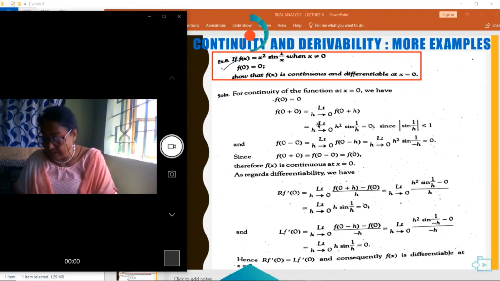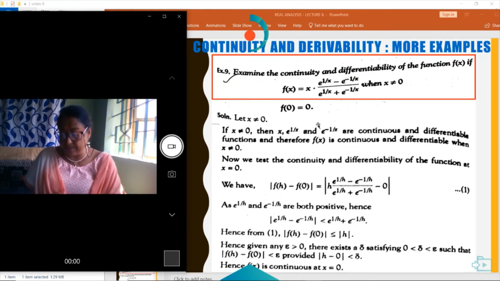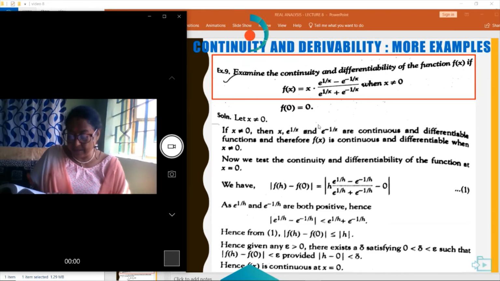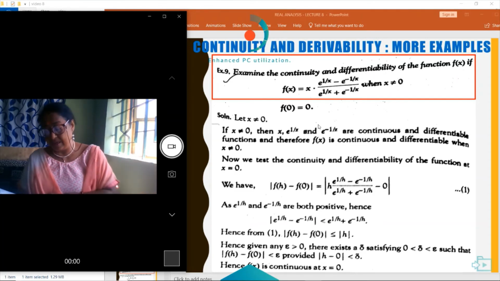Now, examine the continuity and differentiability of the function f(x) equal to x (e^(1/x) - e^(-1/x)) divided by (e^(1/x) + e^(-1/x)) when x is not equal to 0, and when x is equal to 0, f(0) is 0.